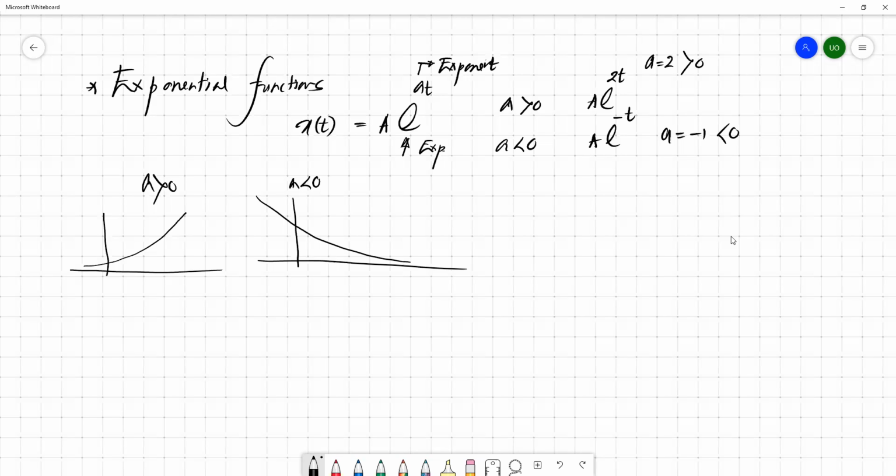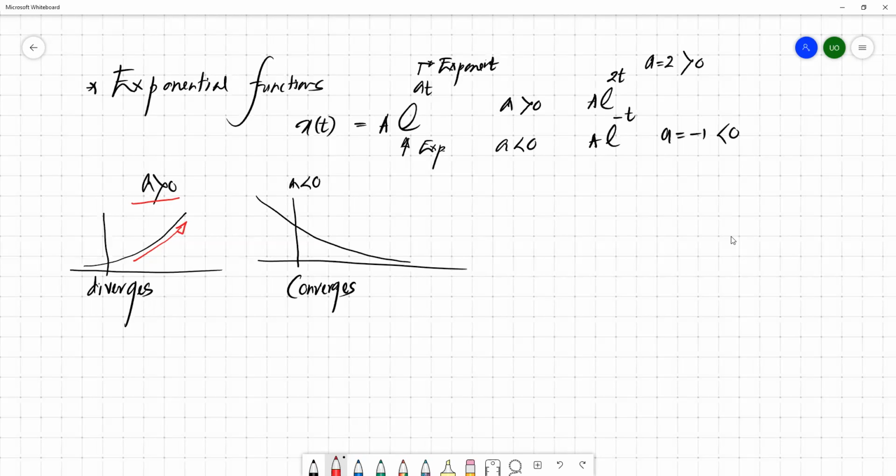So this is a kind of divergent function. And this is a kind of convergence. The amplitude of this function is continuously increasing when a is greater than 0.